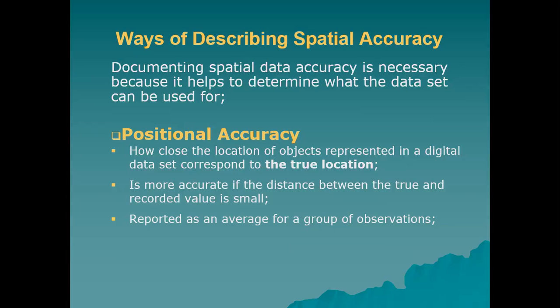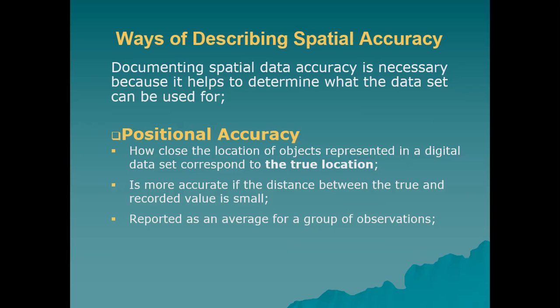It is more accurate if the distance between true location and the recorded value is small. For example, what I said before, locational accuracy represented as plus or minus 5 meters is actually more accurate than plus or minus 10 meters.